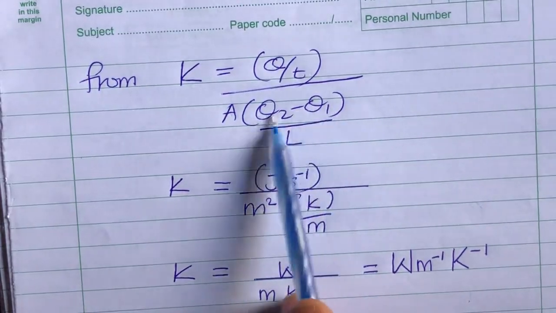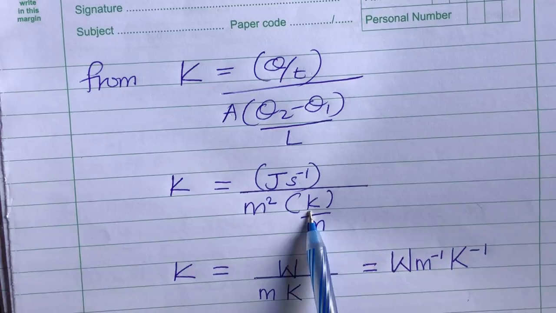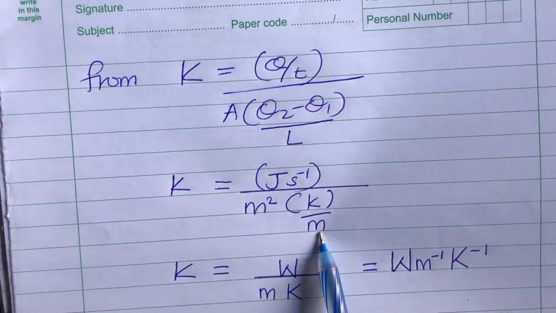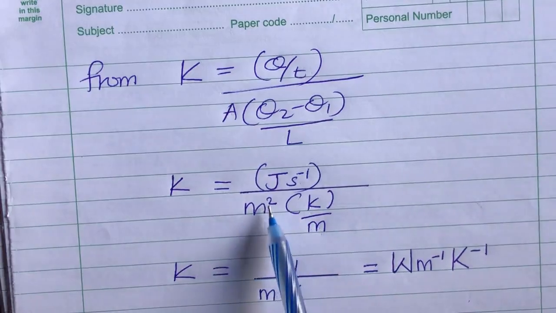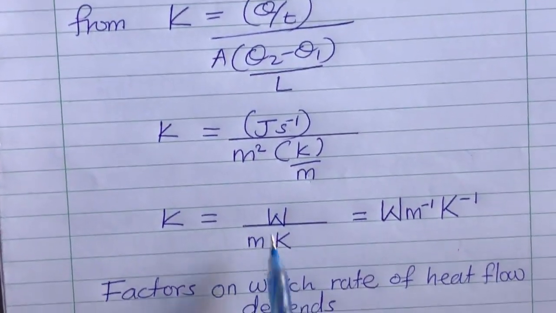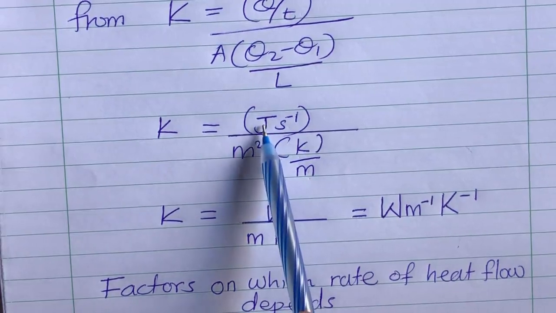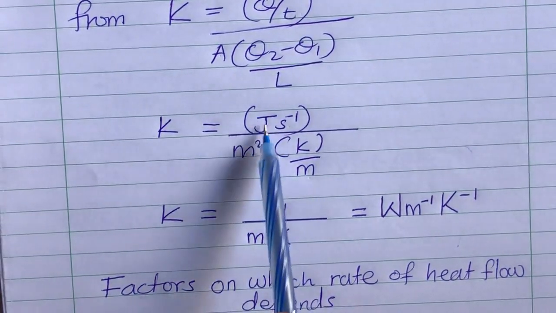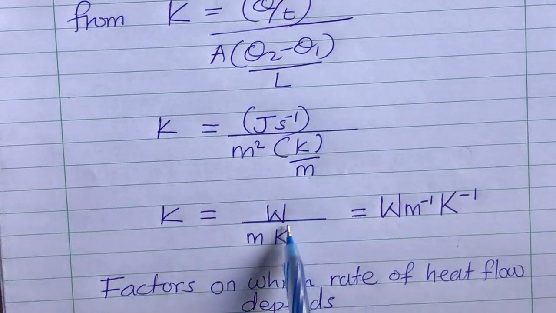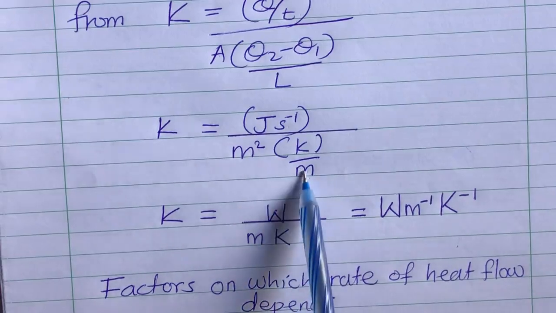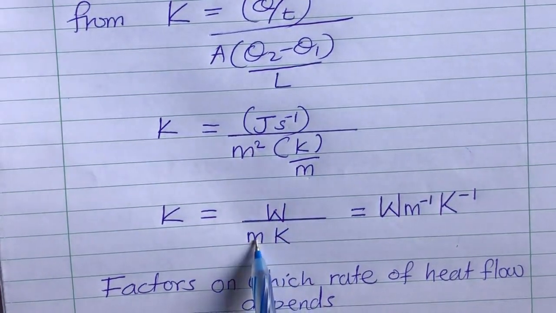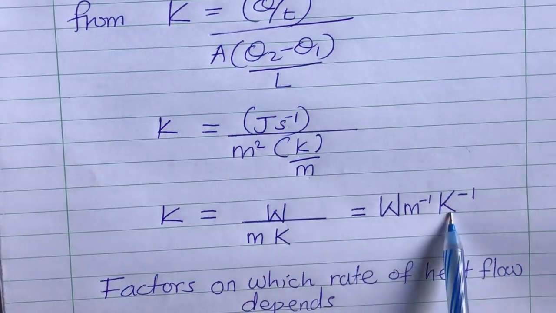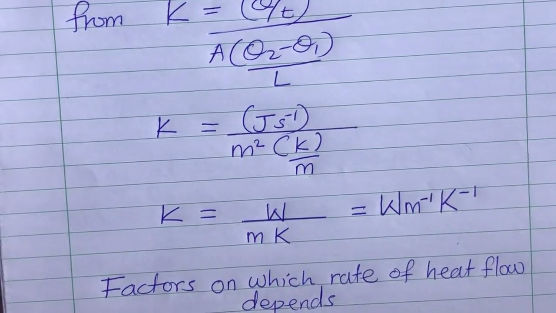Then the difference in temperature is given as Kelvin, because that is the SI unit of temperature, over the length, which is meter. So this meter will reduce the square. And when we divide the joule by second, we get watt. So you can write joules per second, or we combine the two to get watt. Now this meter has reduced the square to a meter, so it is watt per meter per Kelvin. That will be our units for thermoconductivity.